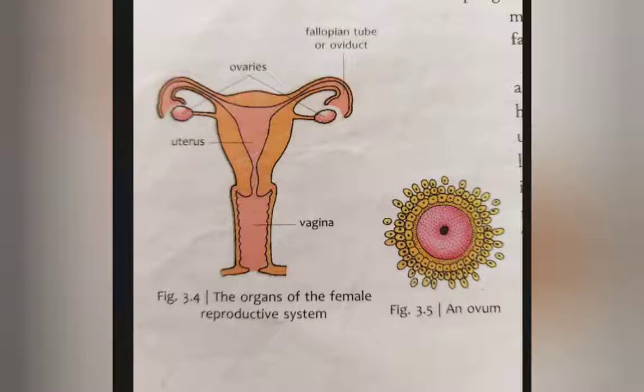First one is the ovary. The ovaries are almond sized. Almond, you all know what almonds are, the dry fruit almond, right? So the ovaries of a human female are almost the size of an almond, and they are oval shaped, and they are also glands.